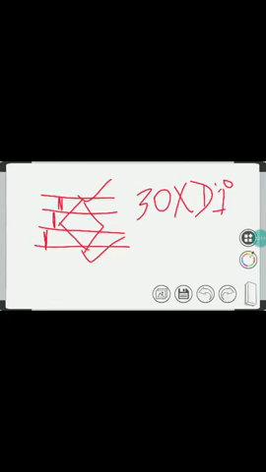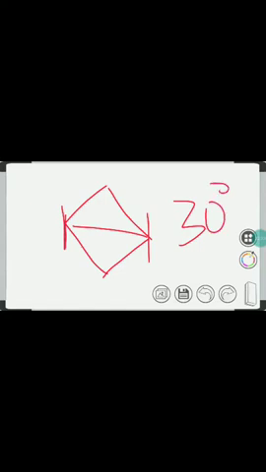So 30 different latitudes, and the distance between one latitude and the next, will give the distance of India from north to south. Whereas if we calculate this distance, this is also 30 degrees, but the problem here is that the distance is like this.